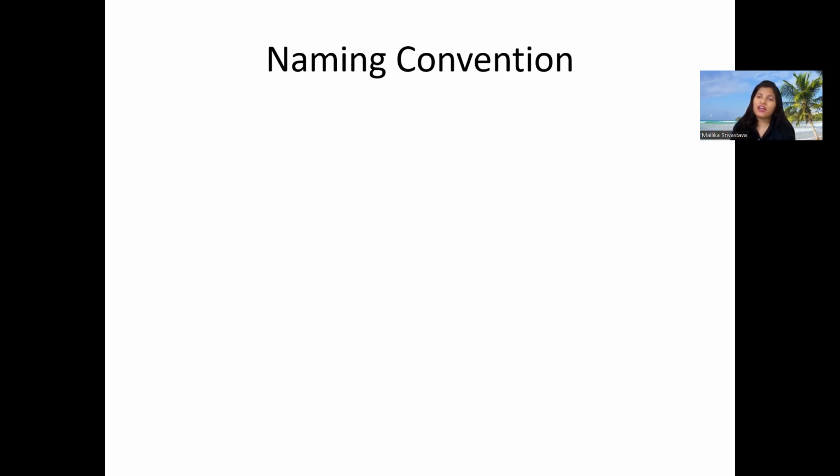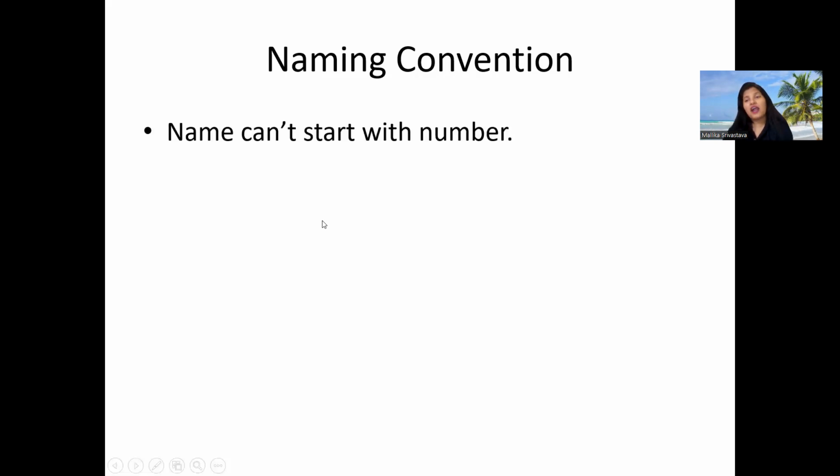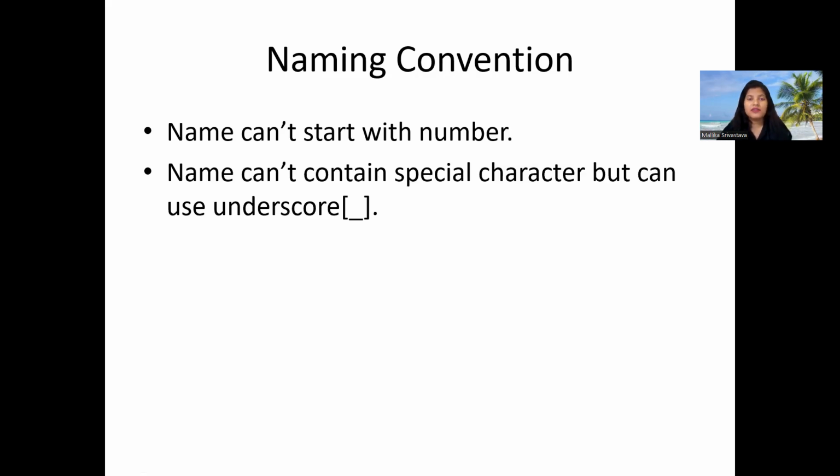Same way in a programming language also, if you want to put some name, we have some conventions. The first convention is that a name can't start with a number. If you're putting any variable name, you can't start with a number. Then, a name can't contain a special character but can use an underscore.